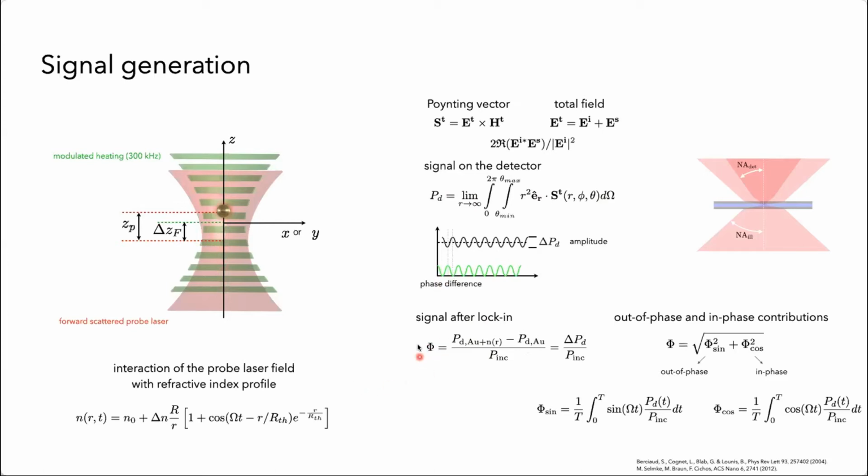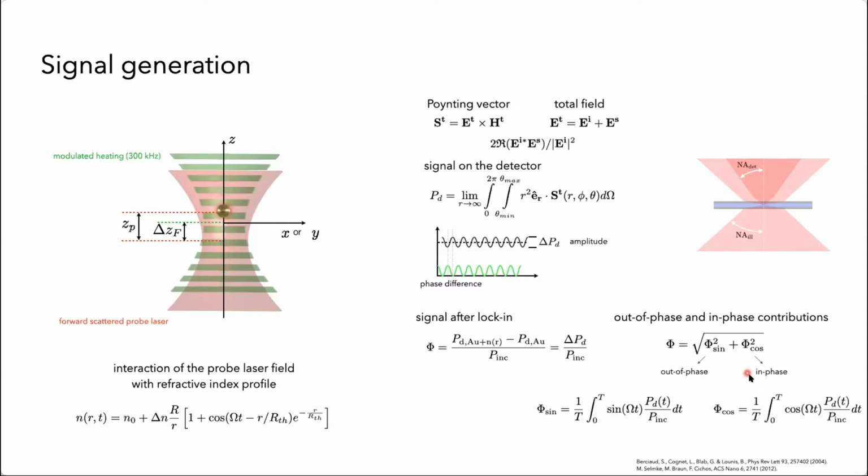At the end, I will always refer to a relative photothermal signal, which is the detected signal with the refractive index profile switched on, minus the detected signal without it, relative to the incident power. So this will be the delta PD over the incident one. That can have a phase, and I split the phase into two components.